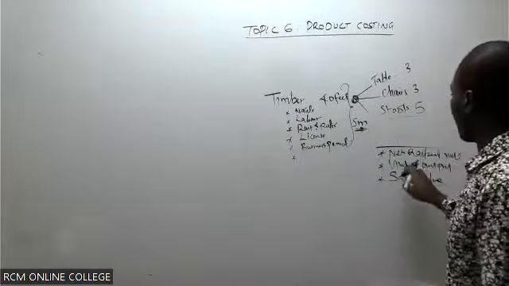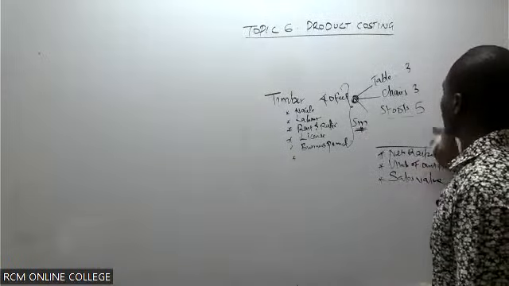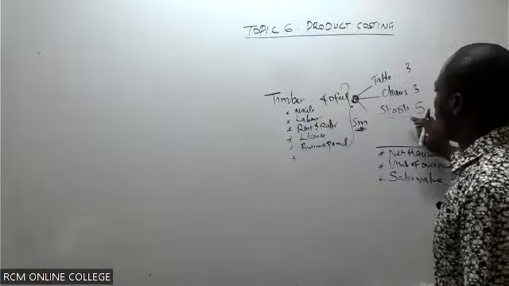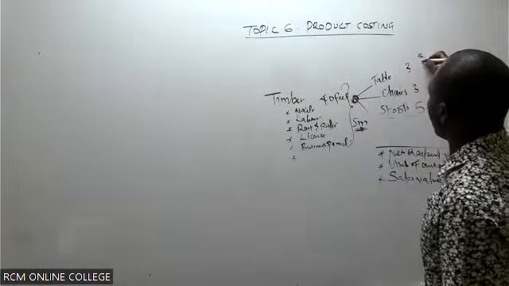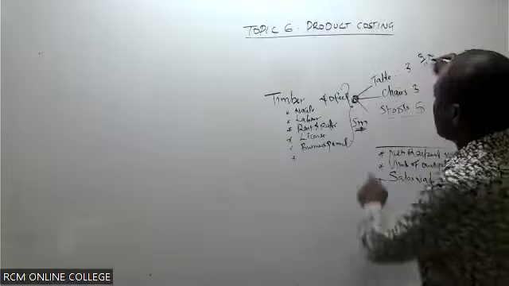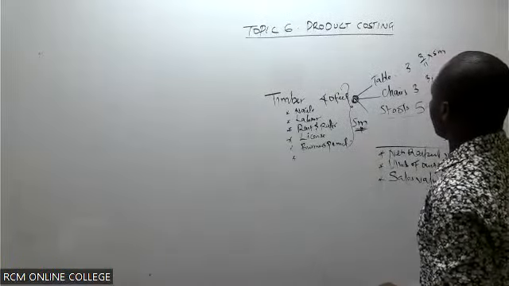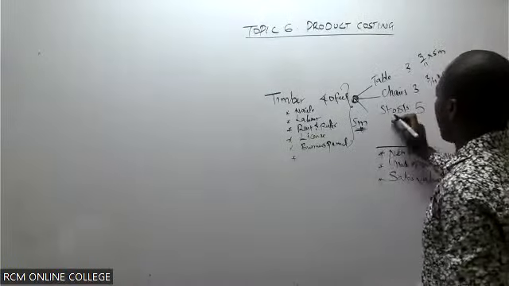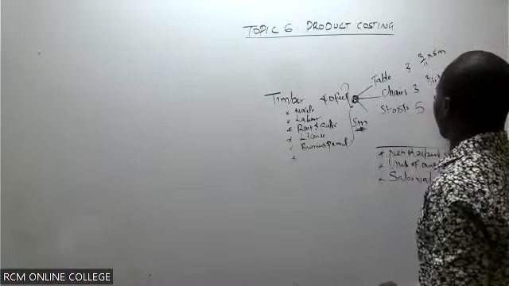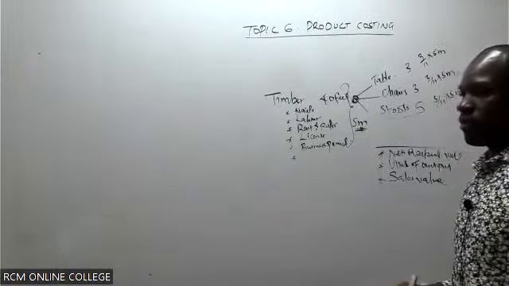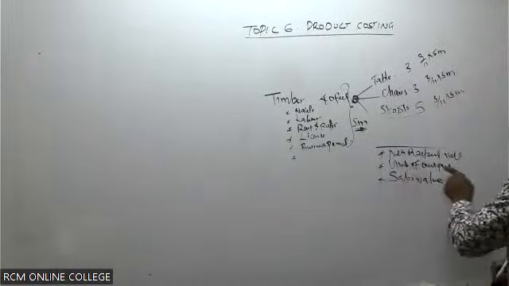So if I use units of output, I have a total of 3 plus 3 plus 5, which is 11. So tables will take 3 over 11 times the cost to be shared. Chairs will take 3 over 11 times the cost to be shared. And stools will take 5 over 11 times the cost to be shared. That is units of output.